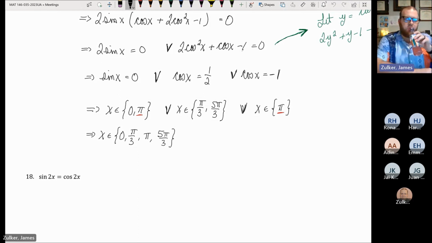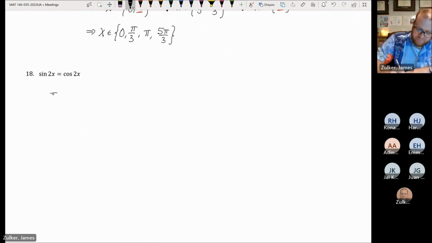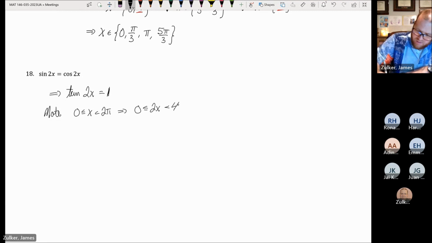Sine of 2x equal to cosine of 2x. Rewrite this to mean that tangent of 2x is equal to 1. And remember that since x needs to be between 0 and 2 pi, we need 2x to be between 0 and 4 pi.